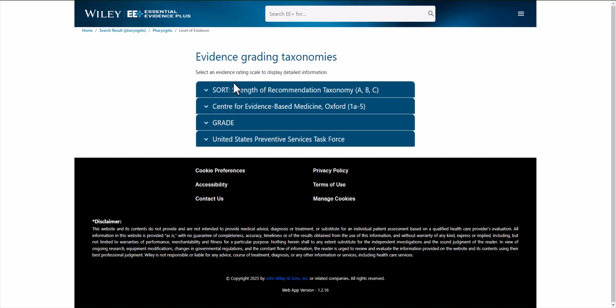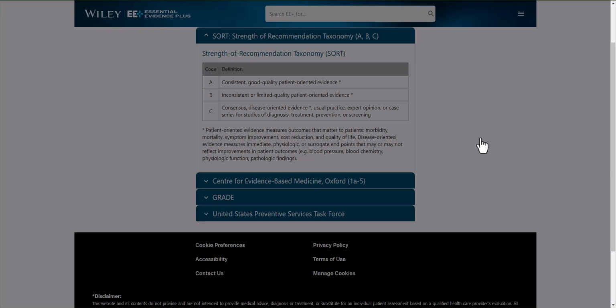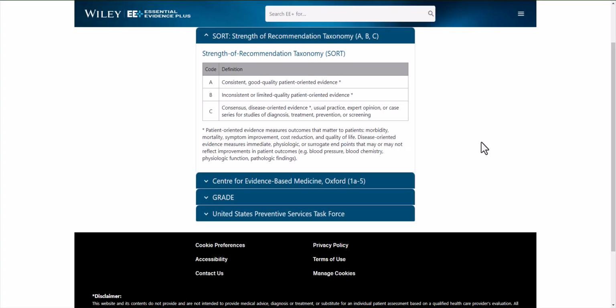So these are the evidence grading schemas that are used within Essential Evidence Plus. The one that you'll see primarily is the one here on top, and it's called SORT, and it stands for Strength of Recommendation Taxonomy. So after each recommendation, usually in the overall bottom line, it will have like an A, B, or C. And A is the best level of evidence, consistent, good quality, patient-oriented evidence.